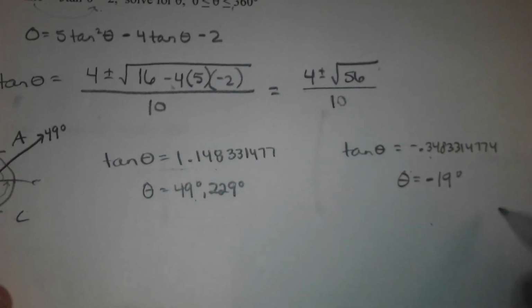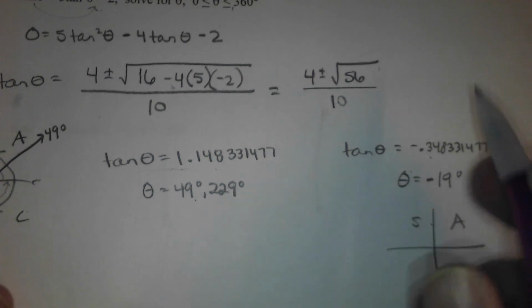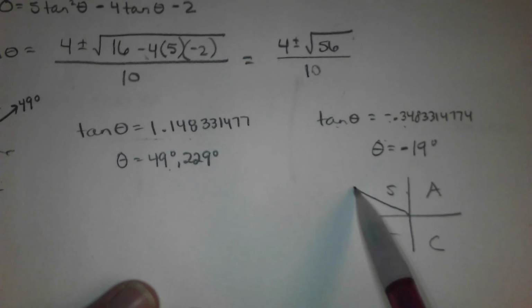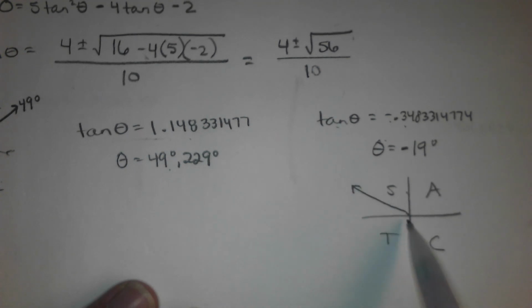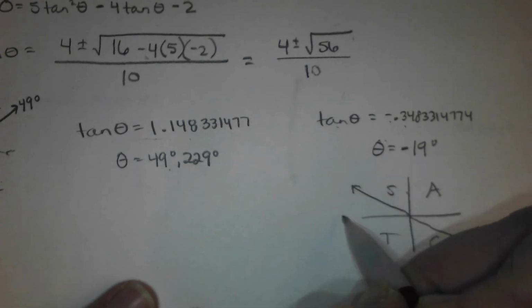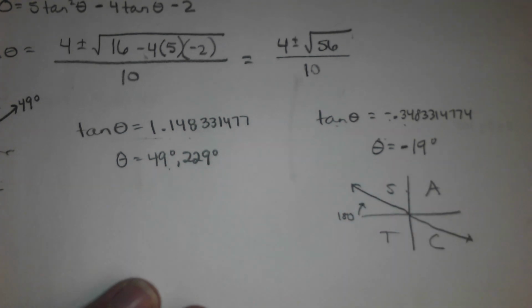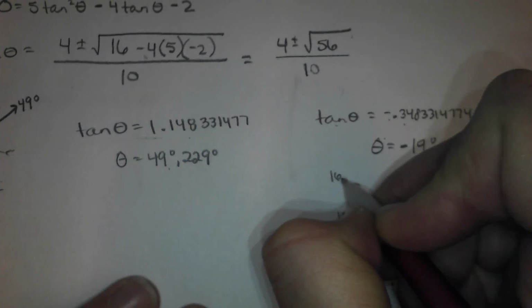So when I go around my quadrants and I'm looking for where tangent is negative, I need to grab 19 degree reference angles from the second quadrant and the fourth quadrant. So to get to the second quadrant, I'm going to do 180 and I'm going to back up 19. Yes? 180 minus 19 is 161.